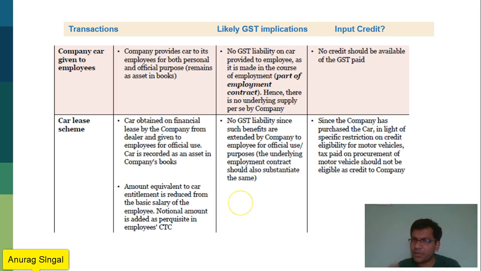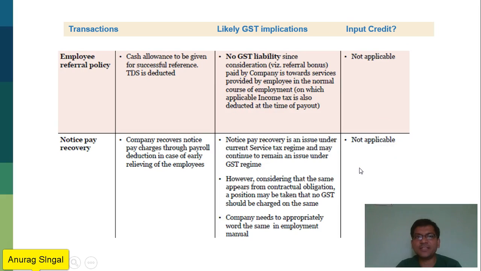No GST liability because again it's in the course of the business, and therefore the employment contract should clearly substantiate the same. So please have a relook at all your employment contracts with your employees. And since it's a motor vehicle, the company will not be able to take any credit because it is a specific restriction that the tax which is paid on the procurement of the motor vehicle should not be eligible as a credit.